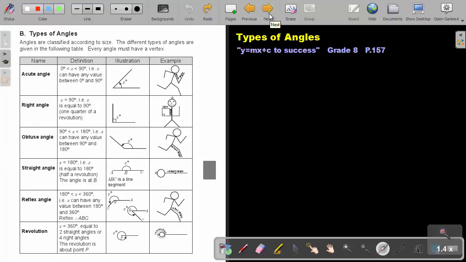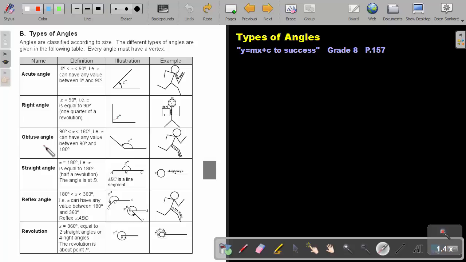Now let's just run quickly through the types of angles, which I know you did in primary school. Angles are classified according to size. Every angle must have a vertex. An acute angle is between 0 and 90. A right angle is exactly 90 degrees.